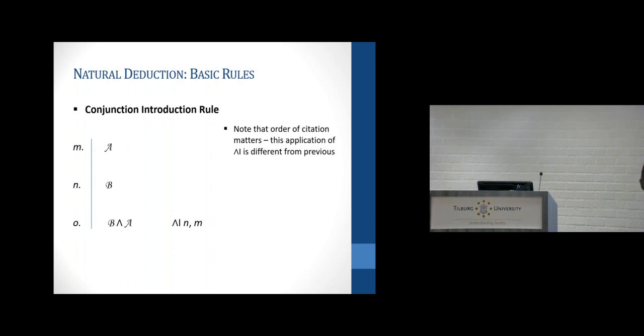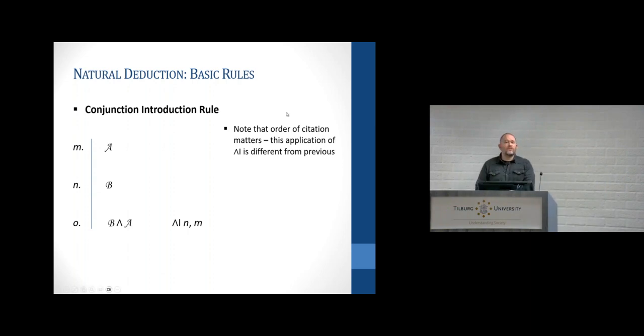Of course, it's very easy to play swapsies, and in fact, I think one of the earliest proofs we're going to do is basically showing that conjunction is symmetric, but technically, if we're being pedantic, we need to cite the lines in the right order. So that's our first rule, conjunction introduction. If you have 2 sentences on your proof line, you can stick a conjunction in between them and derive their conjunction.